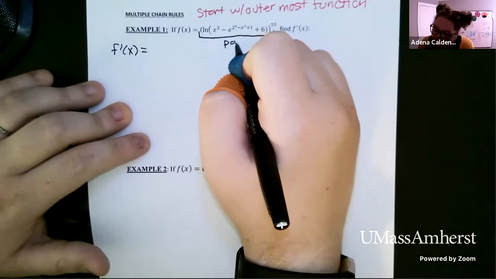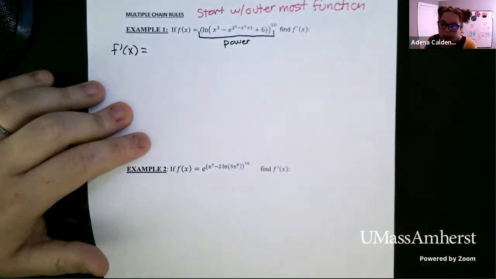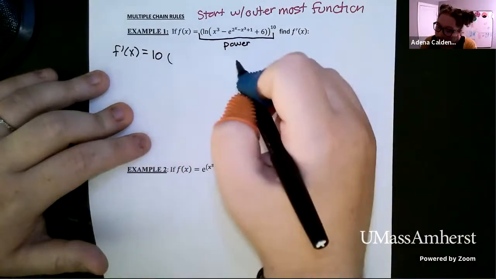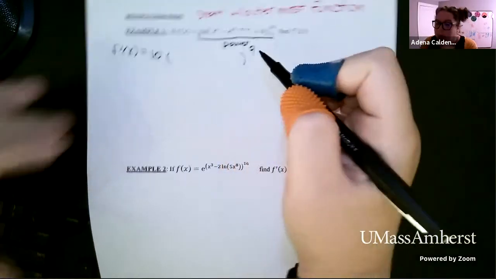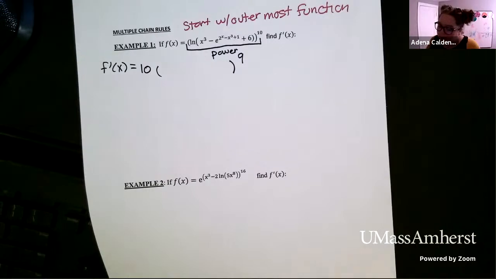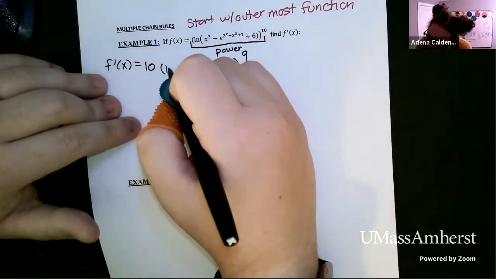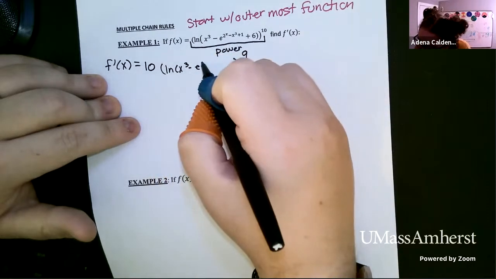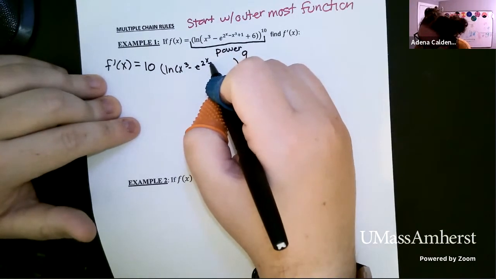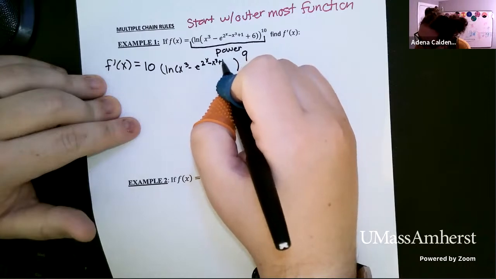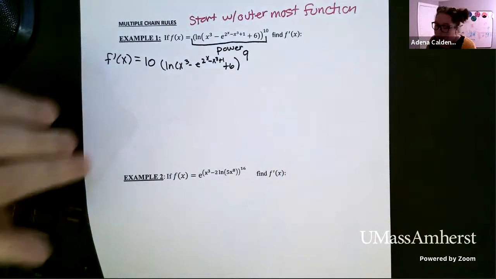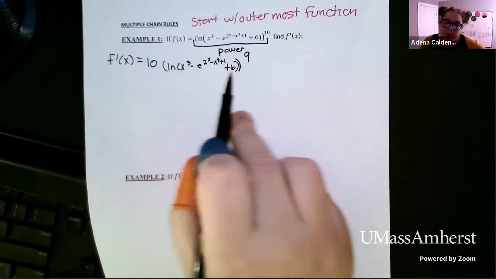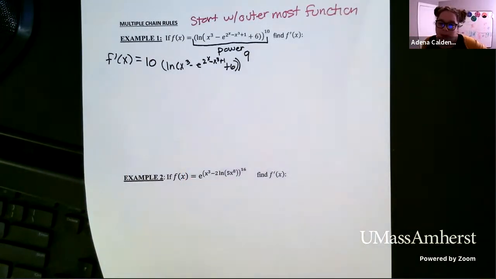So if I'm dealing with a power function first, right, this is a power function. The way we approach a power function is that the 10 will come down, everything inside will stay the same, and then that'll be to the 9th power. So I start by just writing down all these little pieces. Okay. So I have 10, everything stays the same to the 9th power.